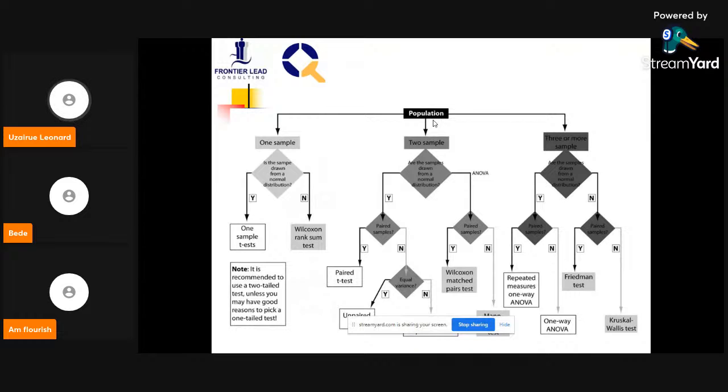That is a one sample population, because the only population you are looking at is the cholesterol level of all the male subjects. When we say two populations, let's assume you try to compare the cholesterol level of the male patients and the female patients, or the cholesterol level collected in 2022 from male patients and the cholesterol level collected in 2021.